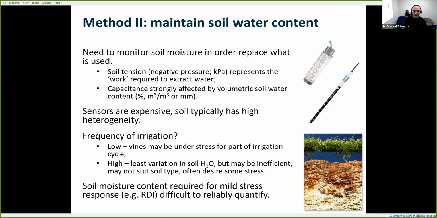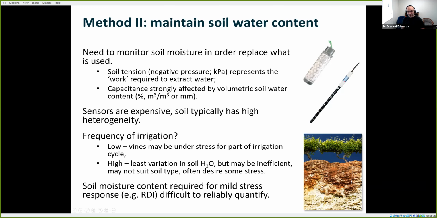So this is more easily done with a capacitance sensor, which does give us an estimate of the volumetric soil water content. So we can simply calculate how many millimeters of irrigation we need to add to maintain the soil moisture.